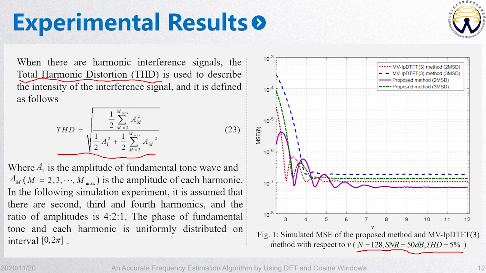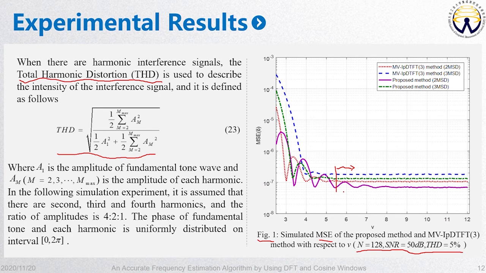Figure 1 shows the MSE of delta with respect to the signal frequency quantized value v of the proposed algorithm and the MV-IPDTFT3 algorithm. Two iterations are carried out for both algorithms. It can be seen from Figure 1 that when v is greater than 5.5, the MSE of the proposed algorithm with the two-term MSD window is the lowest.